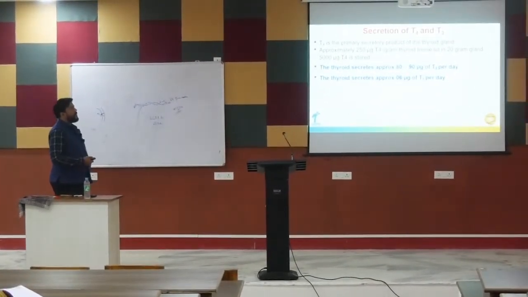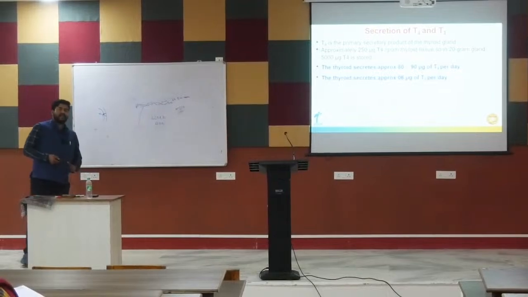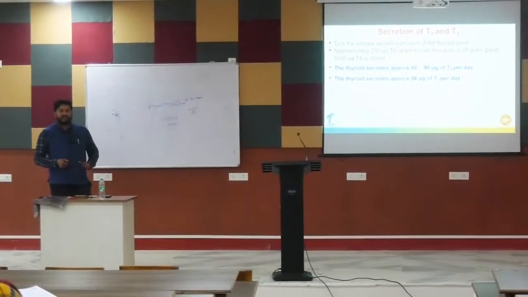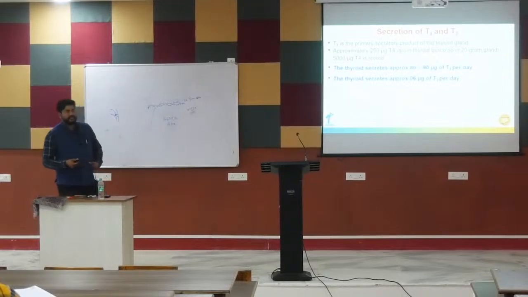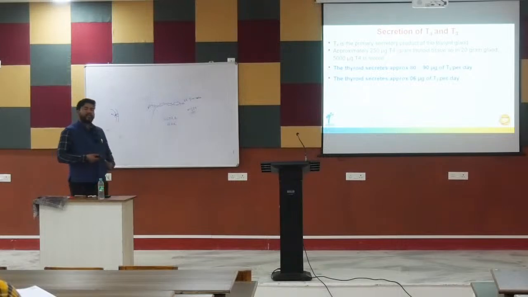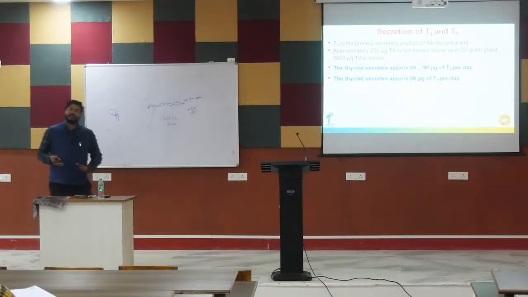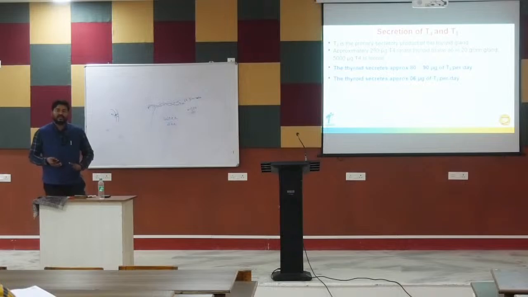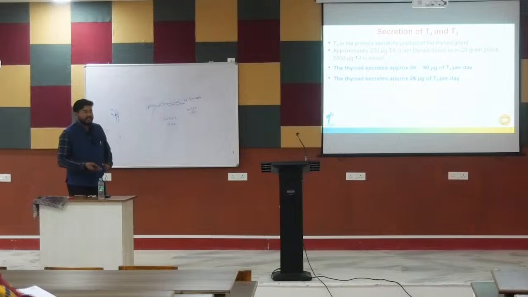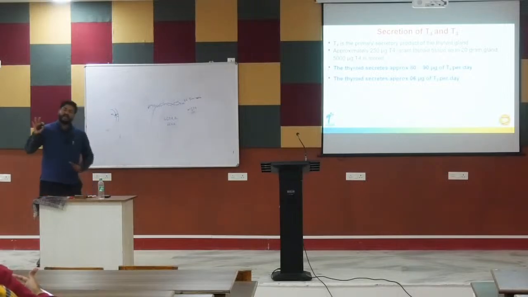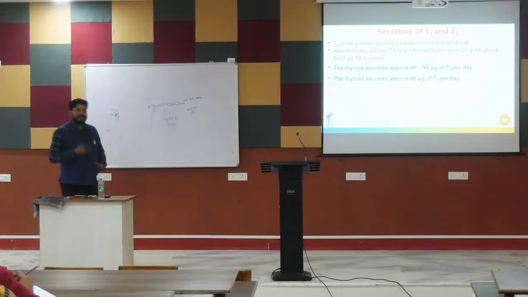They are circulated in a bound form and an unbound form, bound with proteins like thyroid binding globulin. Thyroid binding globulin, which binds the circulating thyroid hormones, is synthesized by the liver.